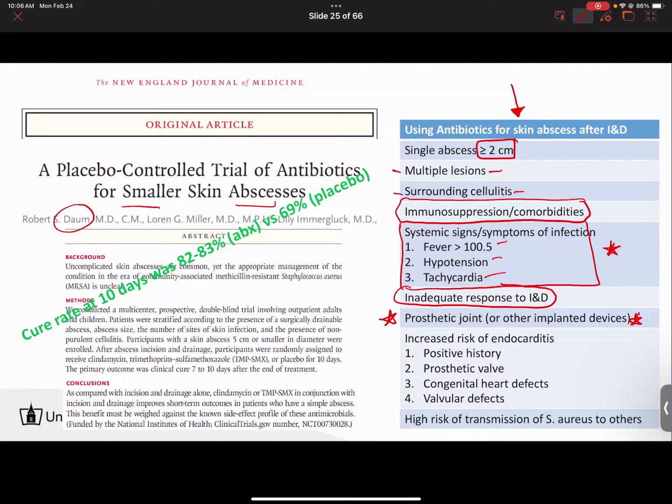And if you probe that abscess and clean it out, and you're a little aggressive with it, and you introduce Staph aureus into the bloodstream, well, that Staph aureus, being a sticky little bug that it is, is going to find a piece of metal or foreign material and grab onto it and try and develop into a biofilm. So anybody that has a risk of endocarditis definitely needs to get antibiotics, and most likely before the incision and drainage is done. Individuals with a high risk of transmission, not a bad idea.